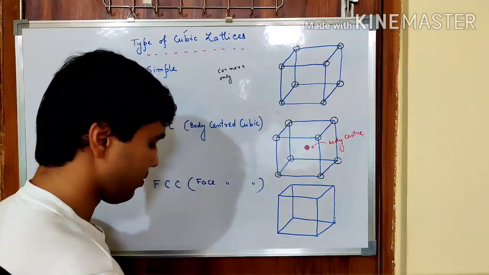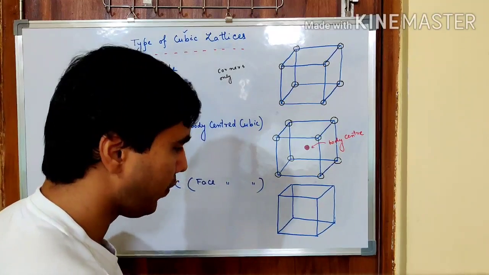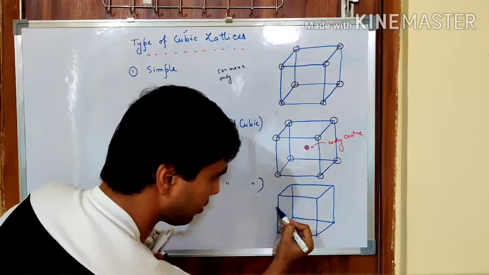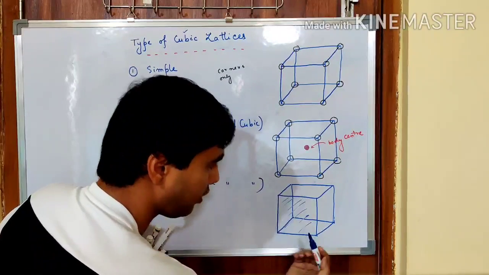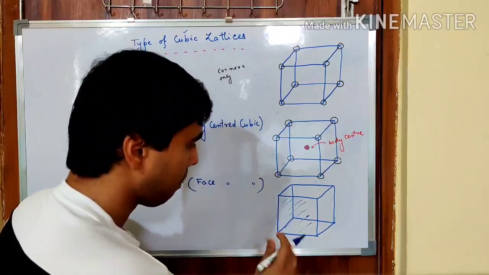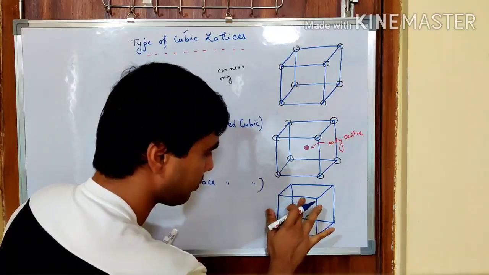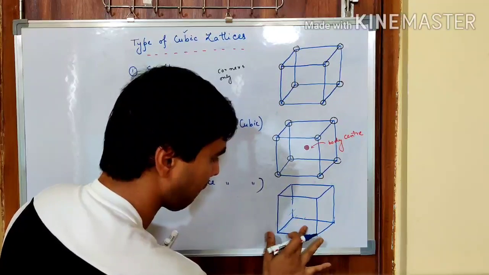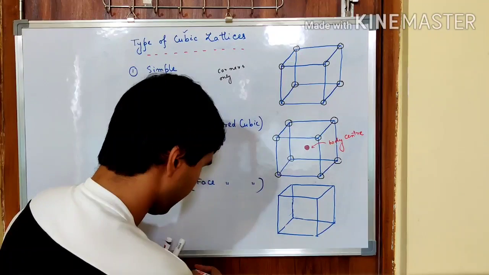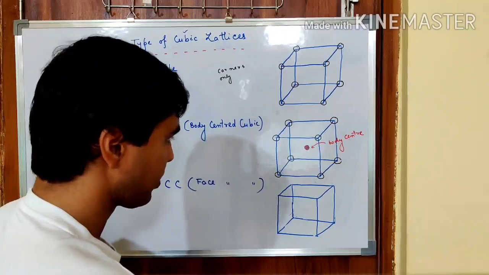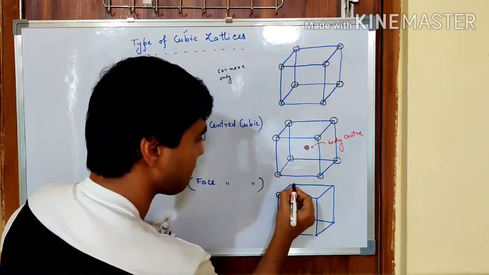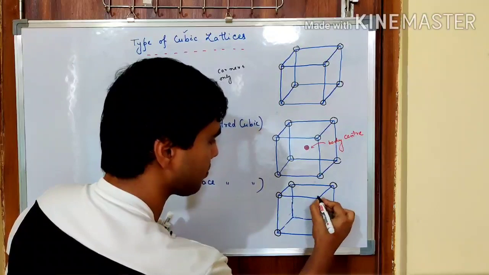In case of face center, see, when we talk about face, that means if this is a face, this one, this side, on the center of this face, there will be an atom. Let us clean this. First, as before, let us put the atoms in place at the corners.